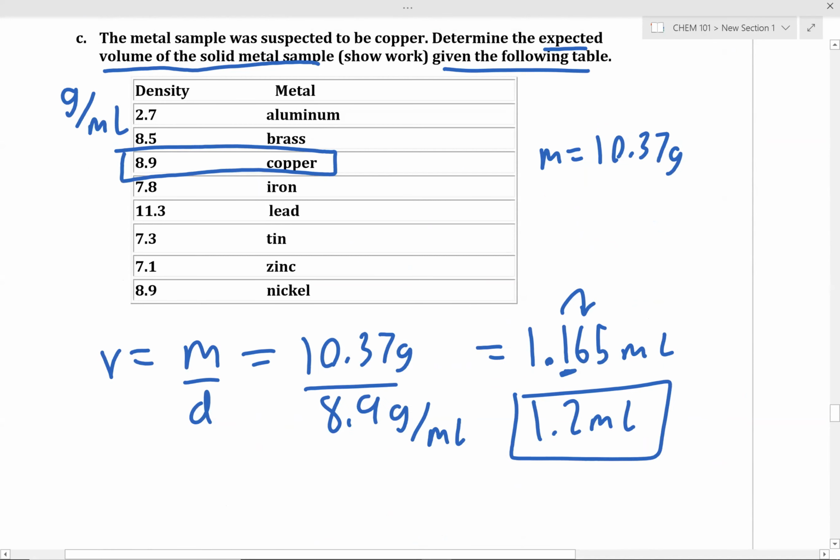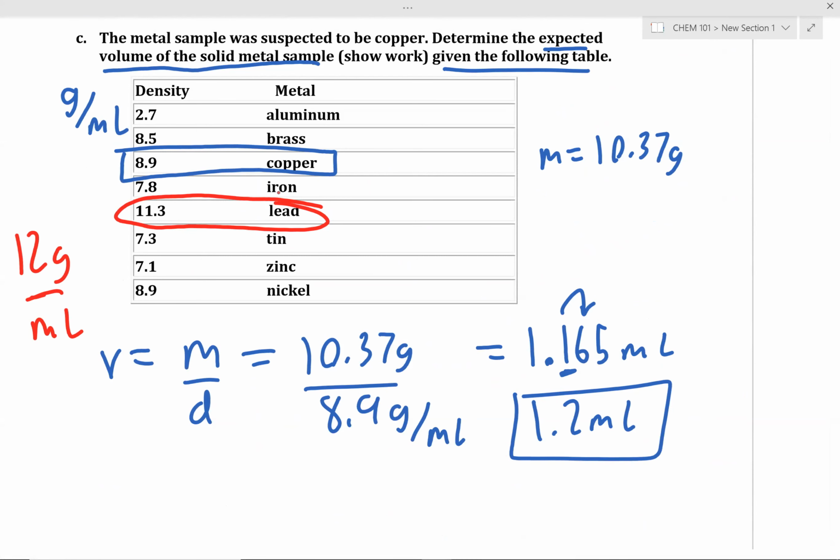If we have a density of about 12 grams per milliliter, what element best fits this very, very dense block? Lead. Yep, lead has the density that's closest to 12, so we'd assign this unknown metal block to be a block of lead. Does that make sense?